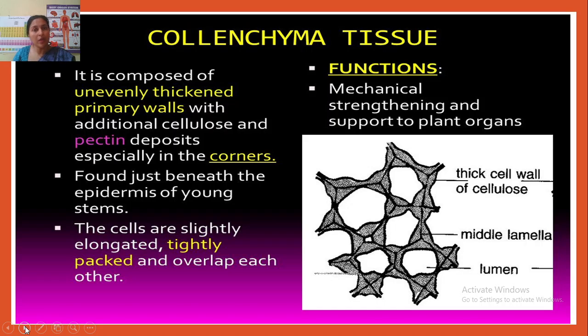If you look at the functions of this collenchyma tissue, basically they give mechanical support for the plant, and if they contain chloroplasts, they do the photosynthesis process as well.